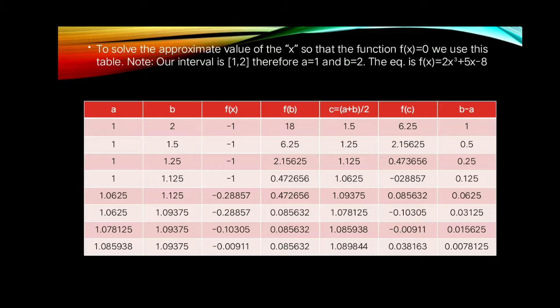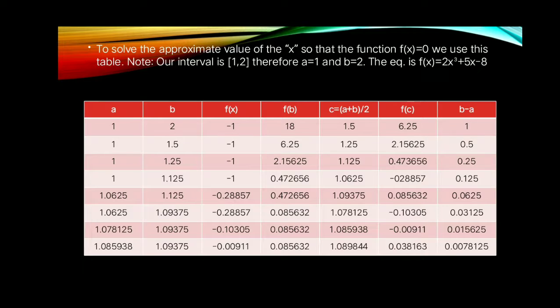We repeat the process until we get b minus a that is less than 0.01. Since we now have a value of b minus a that is less than 0.01, we will stop here.